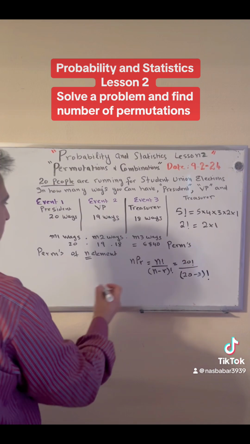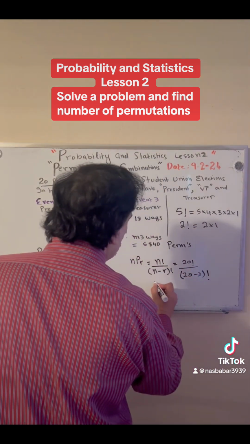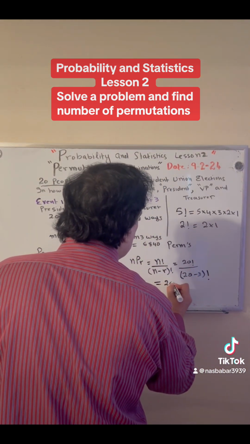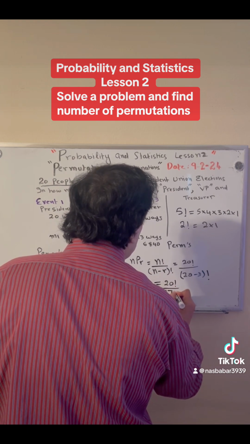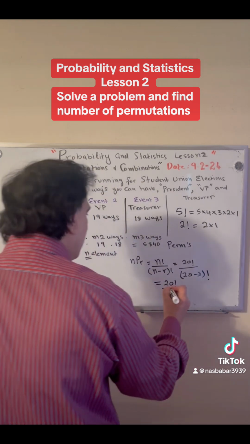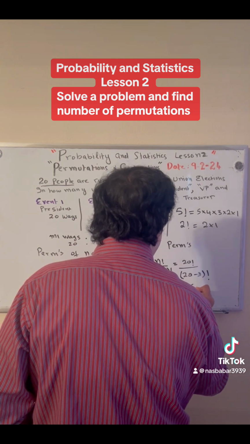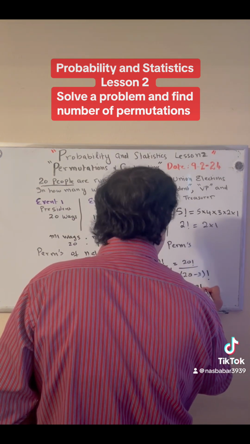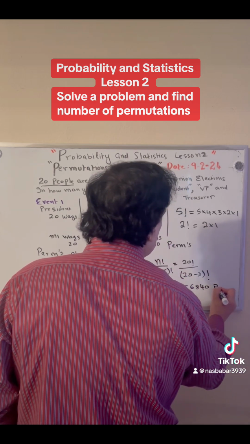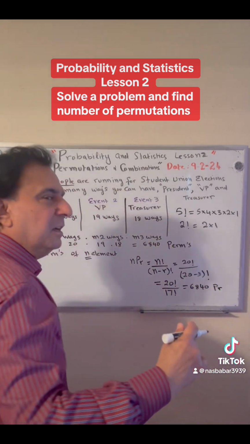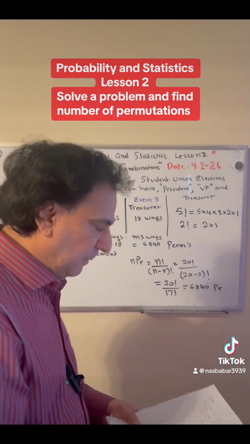If you solve that, it comes out to be 20 factorial over 17 factorial. You get the same answer, 6,840 permutations. I'm just writing PR as an abbreviation for permutations.